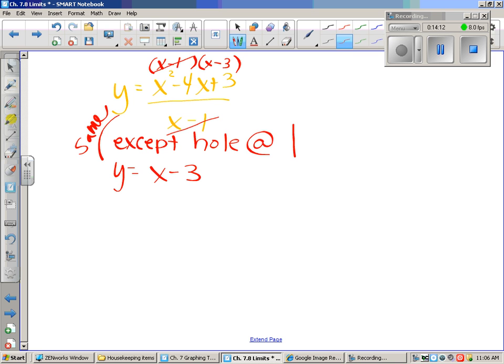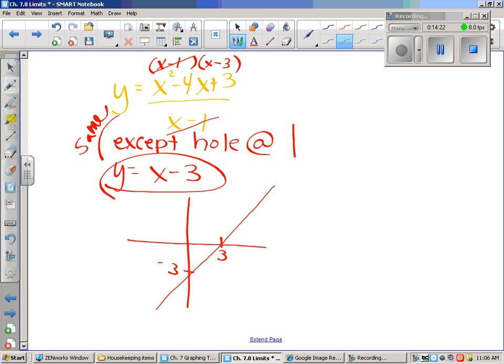So all that I really had to do was graph this line with a y-intercept of -3, an x-intercept of 3, and all is great except where 1 is. We're going to put a circle here. Just like that. And that is it.